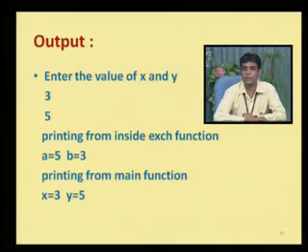If we print from the main function, the values are not exchanged, since the exchange happened in the exchange function, not in the main function. So the values remain the same in the main function, x equals 3 and y equals 5, as we assigned before.